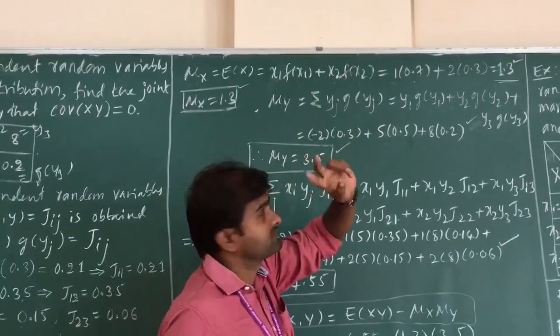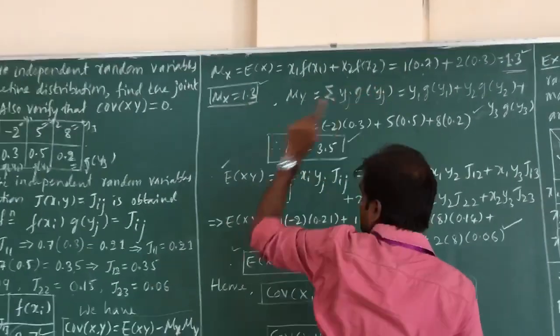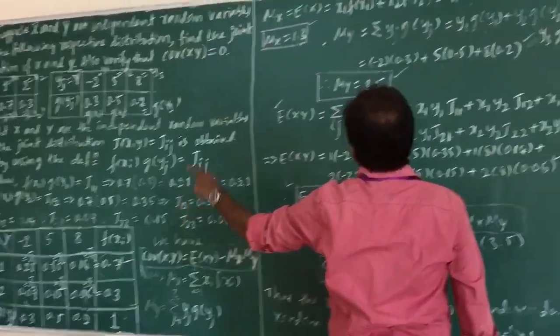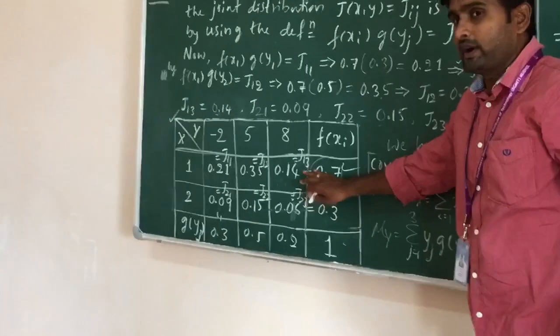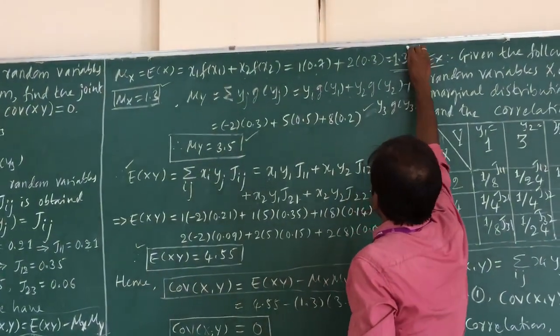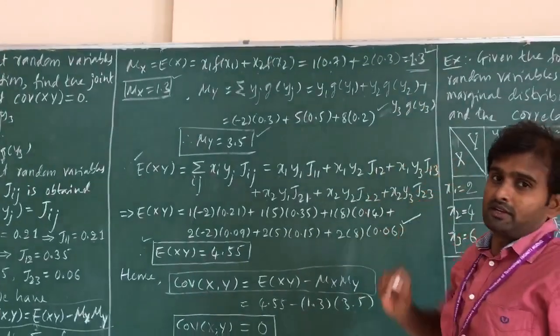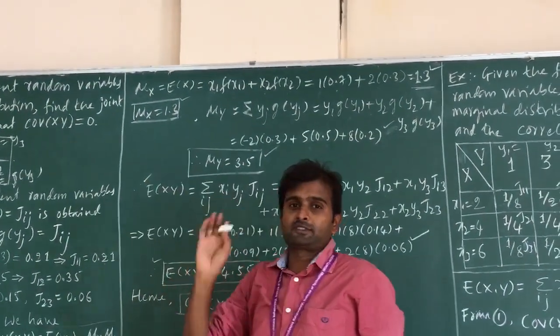Looking at the table and simplifying, we get 1.3. So mu x, or expectation of x, equals 1.3.